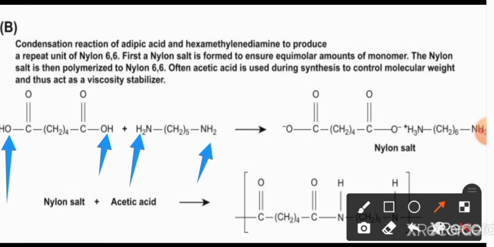Hydrogen from NH2 is eliminated and OH from both the COOH groups is eliminated, and that hydrogen and OH give rise to the removal of H2O.